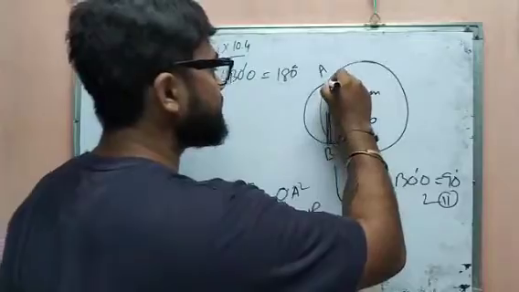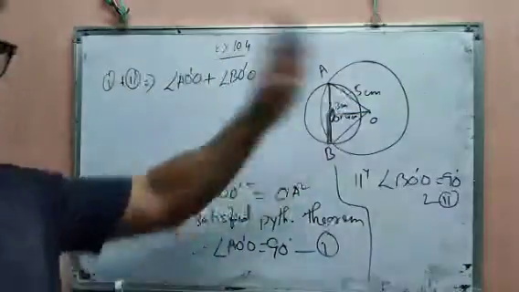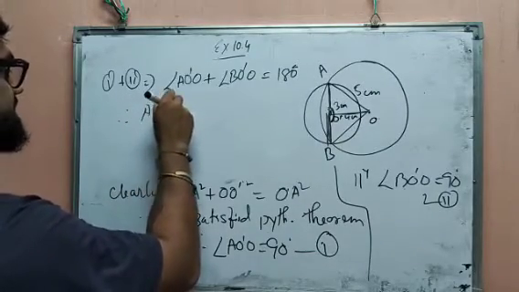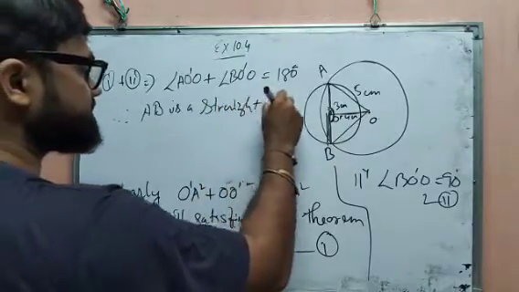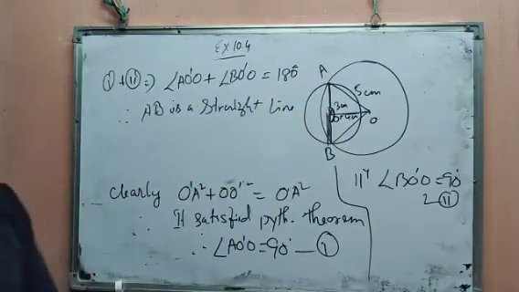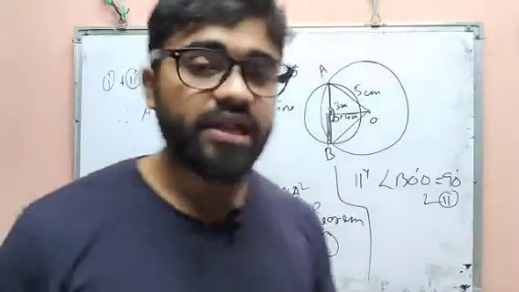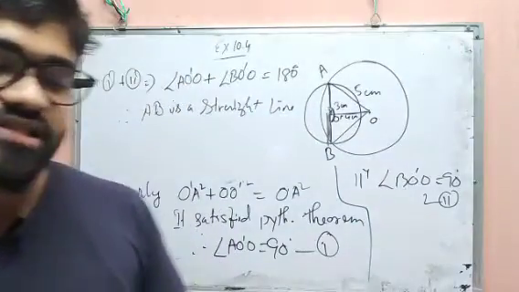So this angle is 180 degrees. That means AB is a straight line. We have proved that this is a straight line. Now we are going to find the length of the chord.